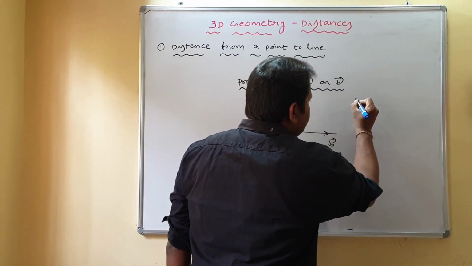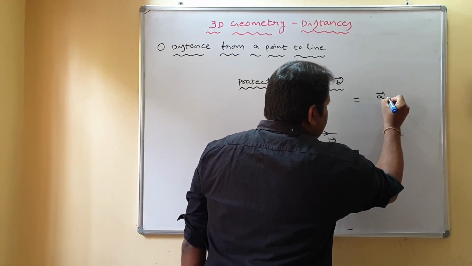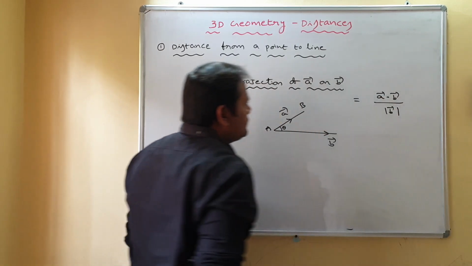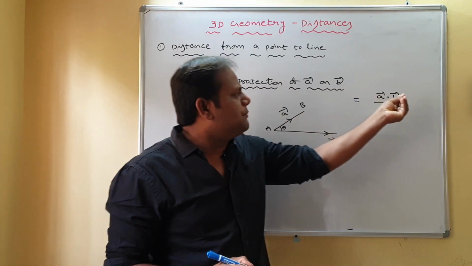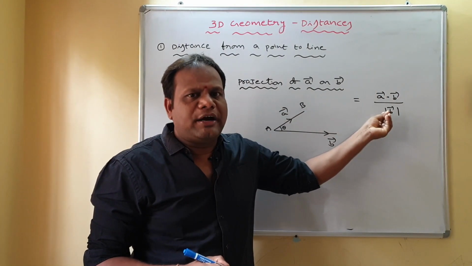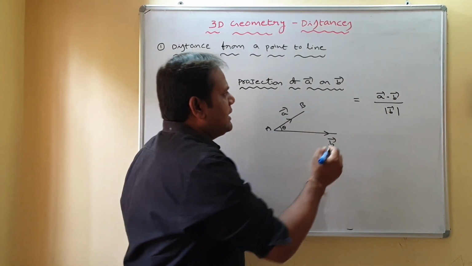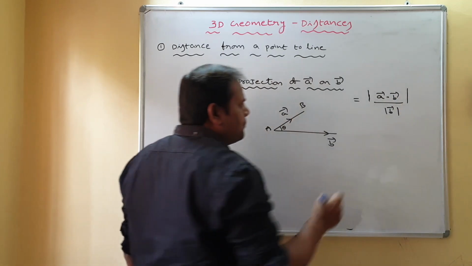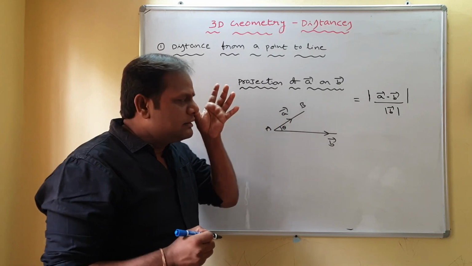You all know the formula: the projection of a bar on b bar is a bar dot b bar by mod b bar. The length of the projection is mod of a bar dot b bar by mod b bar.